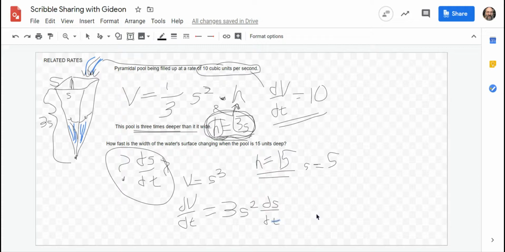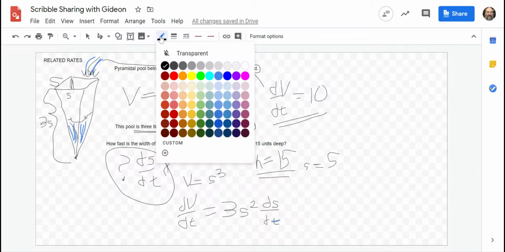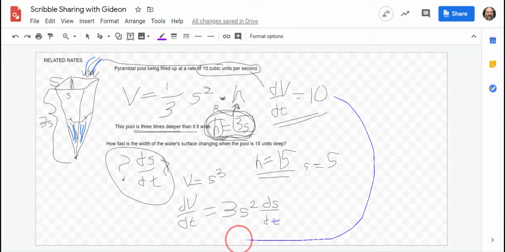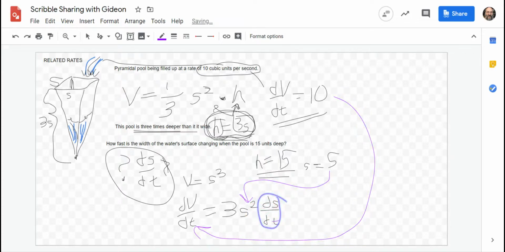Now we're doing well. Now we have the equation where we can indeed substitute in everything. At this stage, we can put in the 10 and put in the 5 and solve for ds/dt, right? If you want, you can do all the algebra first. ds/dt equals dV/dt over 3s squared, right? Get all the algebra done first and then substitute in. But in this case, I think it'll be simple enough to put in the 10 and the 5.